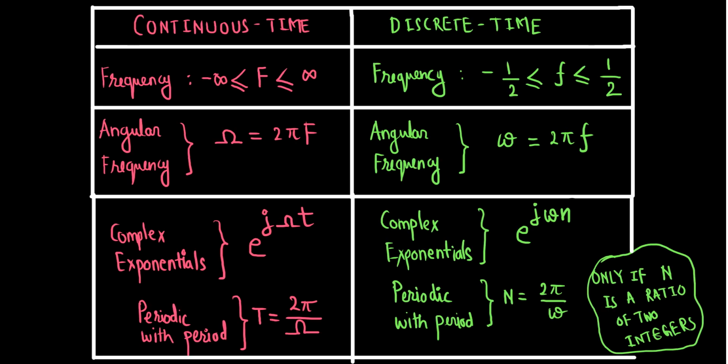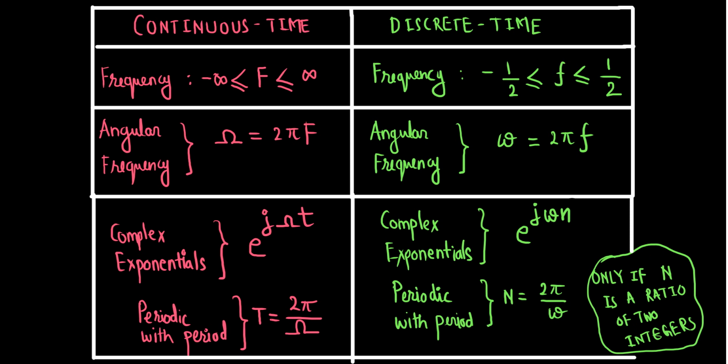If they are periodic, there should be a period, and that period can be easily measured as capital T equals 2 pi by capital omega for the continuous time case. This is very similar to what we have seen for the period of sinusoids in the continuous time case. Similarly, for the discrete time case, we have the period as capital N, that is 2 pi by small omega, but this is true only if capital N is a ratio of two integers. That's because of the constraint on this small f.